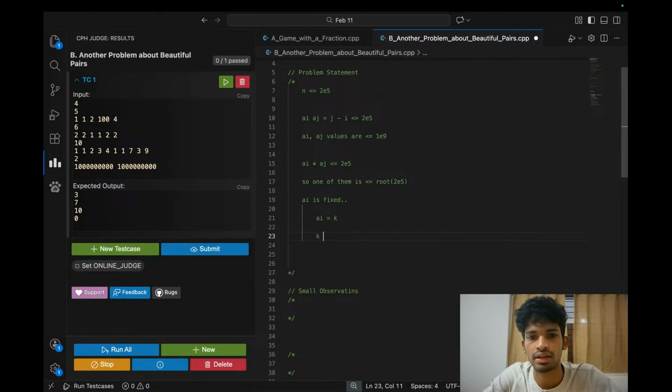And now we have k times aj equals j minus i. ai's value has been fixed.